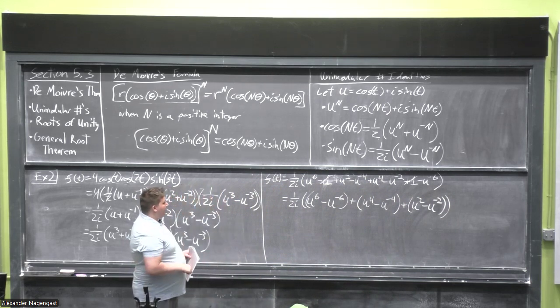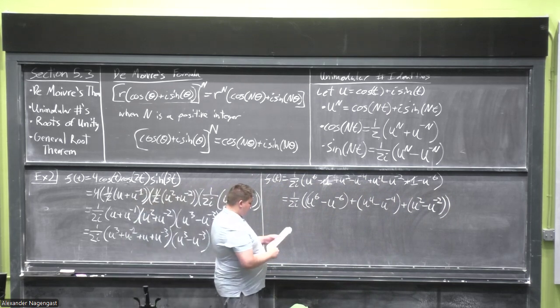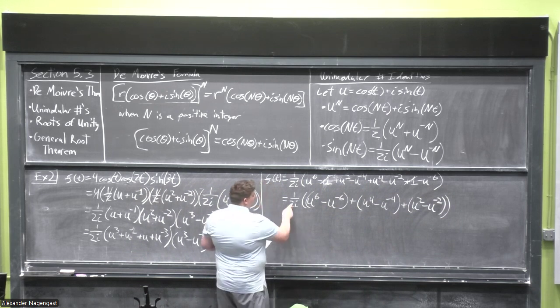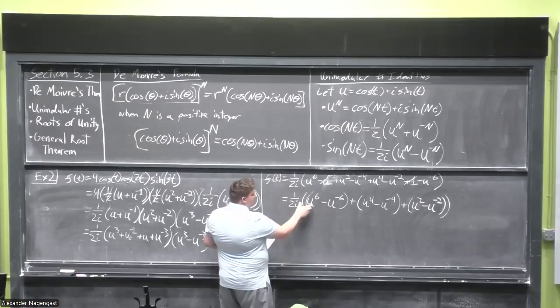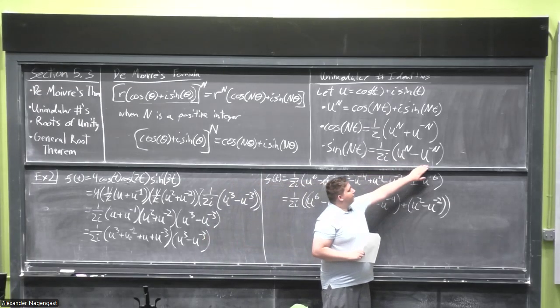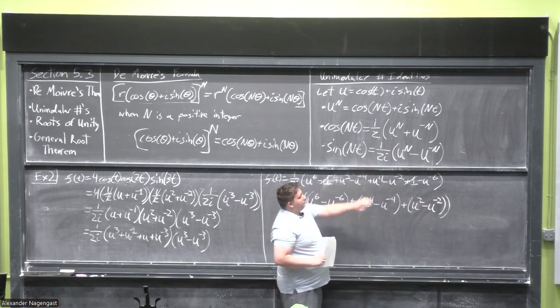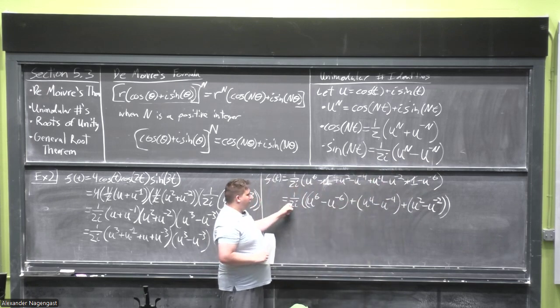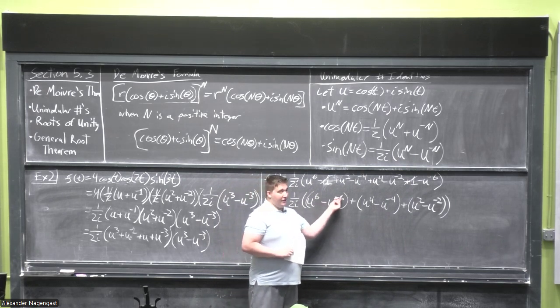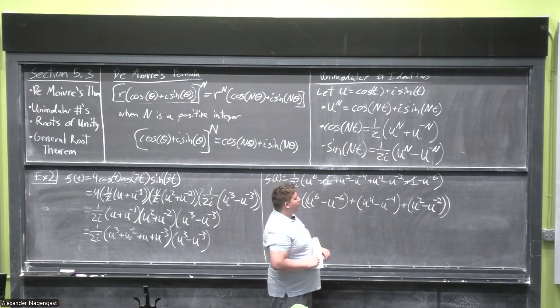And we can work backwards. And we can distribute this to every single one of these, which now they'll all look like this, of 1/2i times u to some number minus u to the negative of that number.